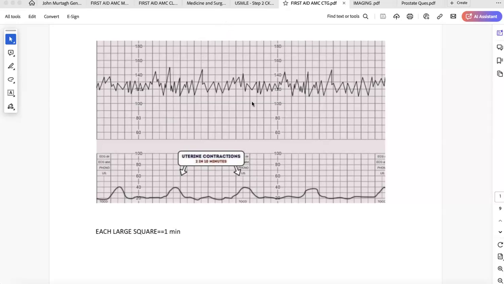Yeah, so in true labor, the contraction will last for 30 seconds or up to 60 seconds, and the contraction will come every 5 minutes. Something like that will be true labor.